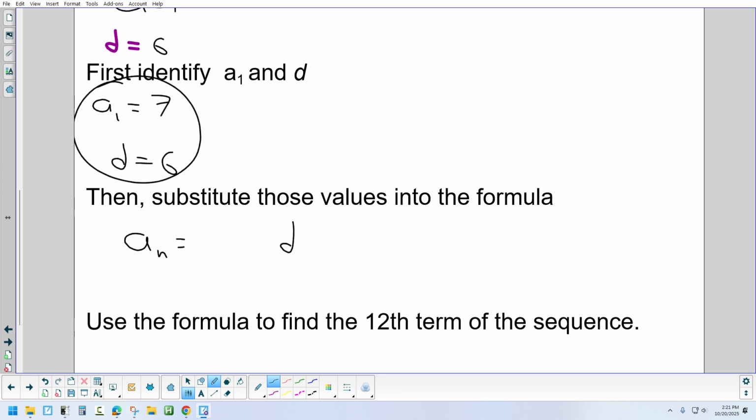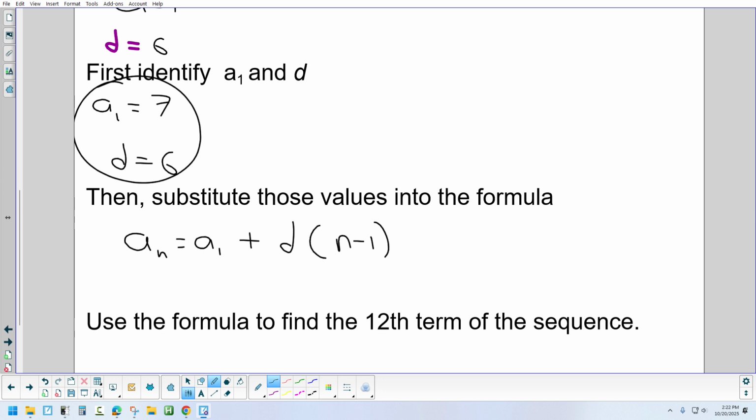We'll put that over there. Equals A1. So A sub n equals A1 plus D, parentheses n minus 1. That's the formula you have to use anytime they ask for an explicit formula for the pattern this week.